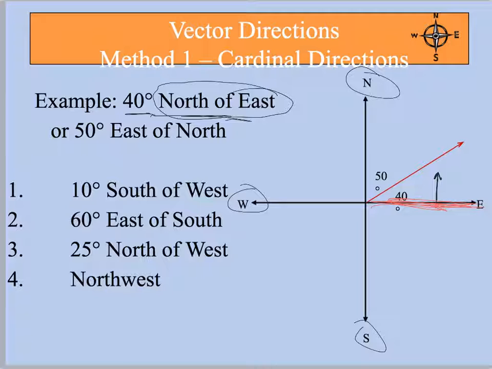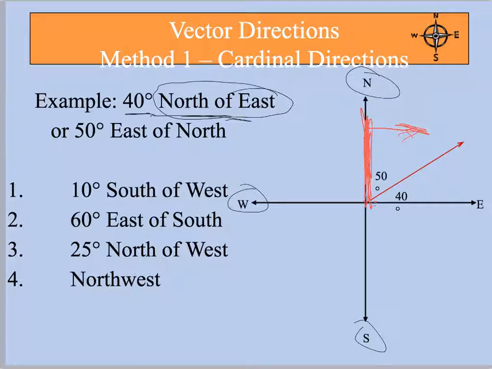Okay? Or I could describe it as 50 degrees east of north. So here's north, and east of north would be this direction. Both of those represent the same vector.